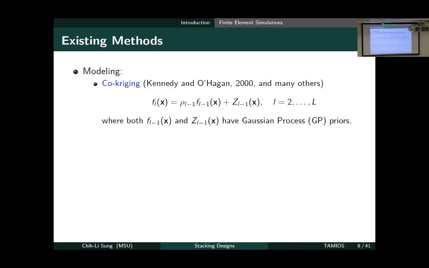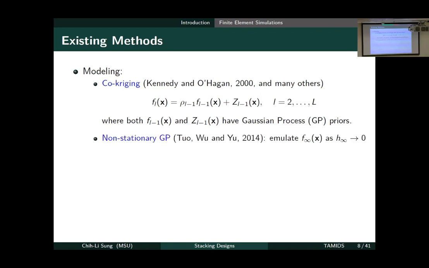Z describes the discrepancy between the high fidelity and the low fidelity. They assume those unknown functions are Gaussian process priors, which has been commonly used to model unknown functions under a Bayesian framework, and people have found that it works pretty well.